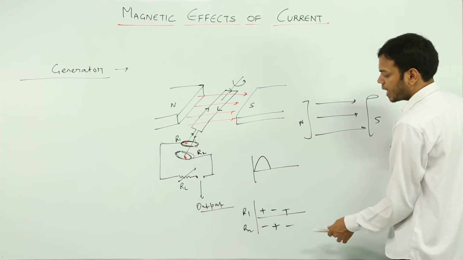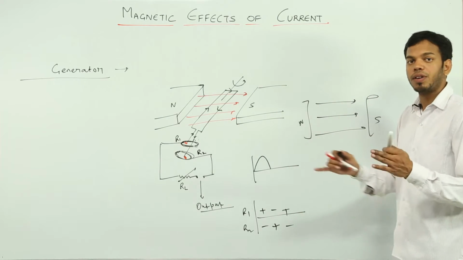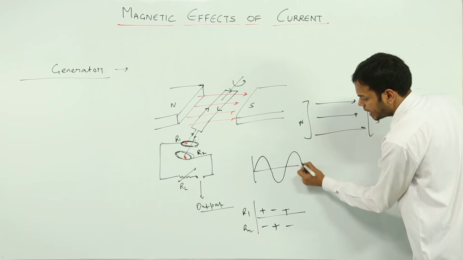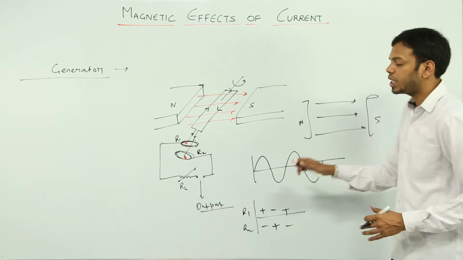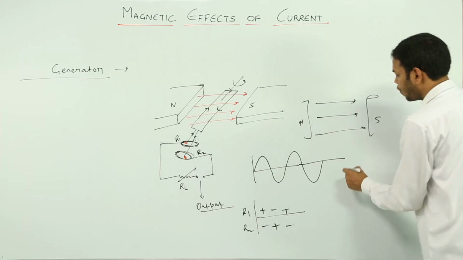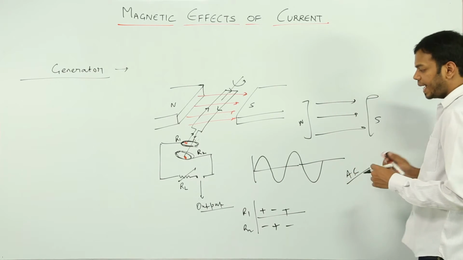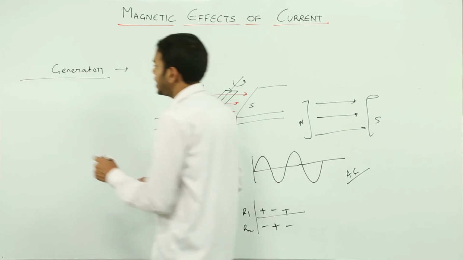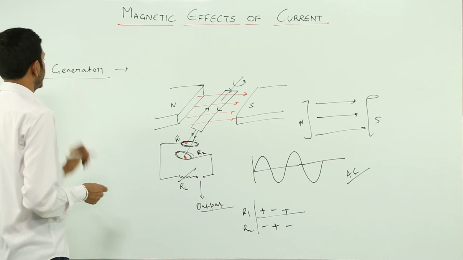But then the current flows in a similar manner but in the opposite direction, from R2 to R1. So current will be in this direction, and then this, and then this. So the output is an AC curve. This is the graph of alternating current, and this is why it is called an AC generator.